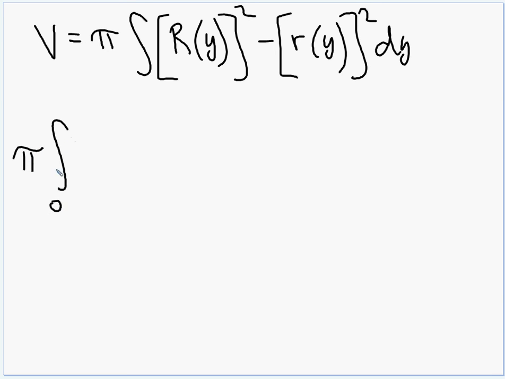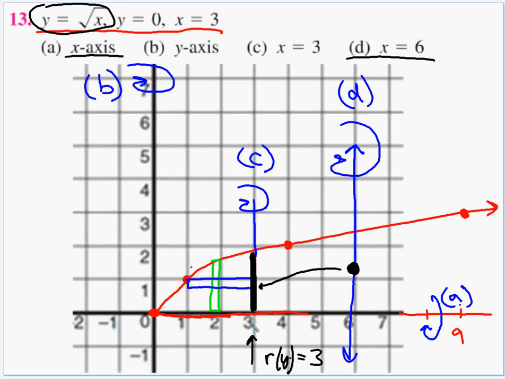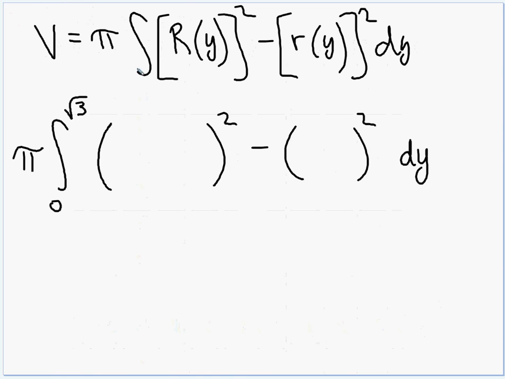We know from the last couple parts our limits of integration are going to be from 0 to root of 3. And then here we're going to have our outer radius, quantity squared, minus our inner radius, quantity squared, with respect to y. And we already figured out here again, this, our inner radius, is just going to be a constant 3, because that is always what's touching the bottom of that rectangle. So this is just going to be a 3.